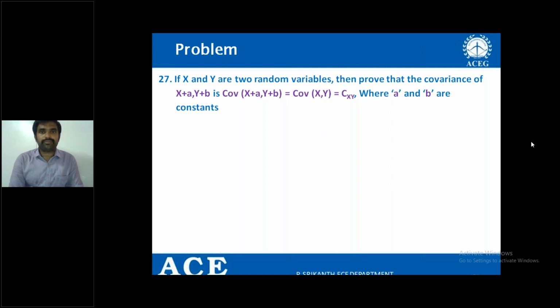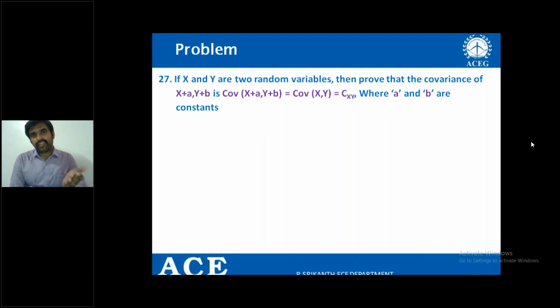At the same time, we discussed conditional expectation and conditional moments, right? In the last class, we also did some problems related to them.